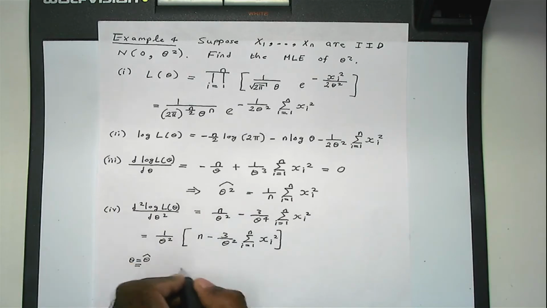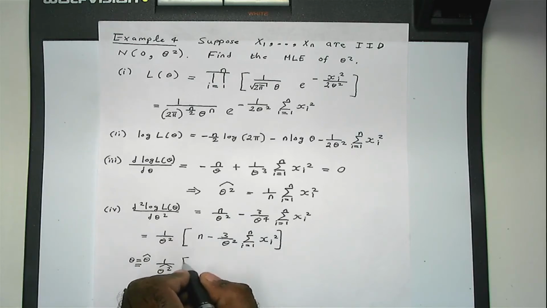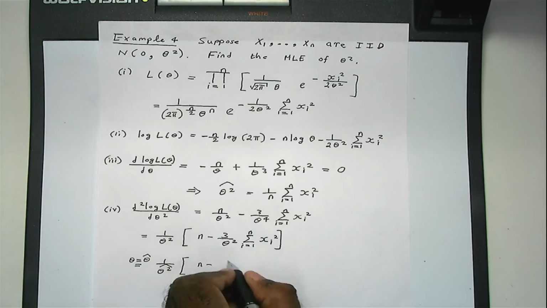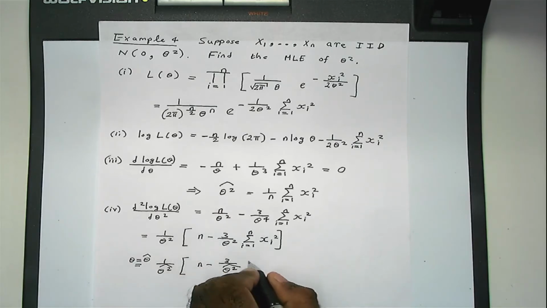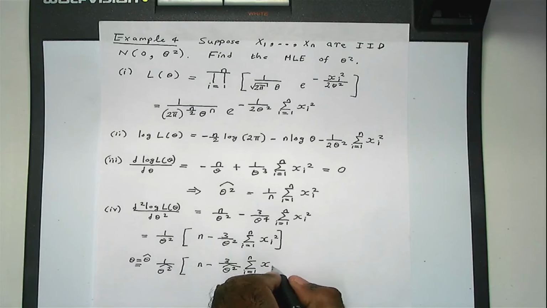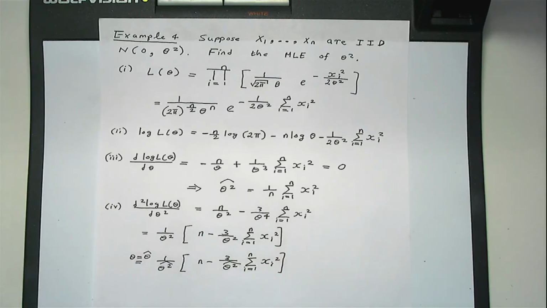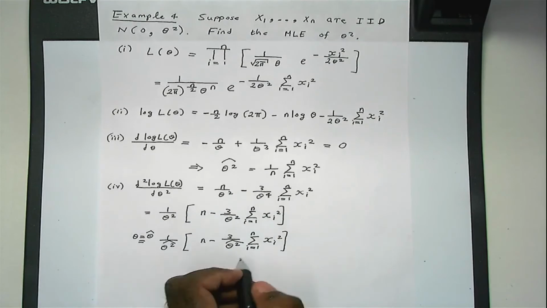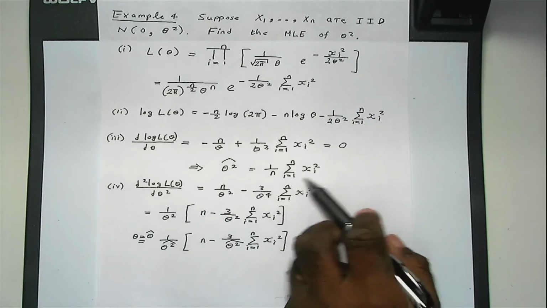So we get this, brackets n minus this. And in the next step I'm going to replace this guy here by what we got here.